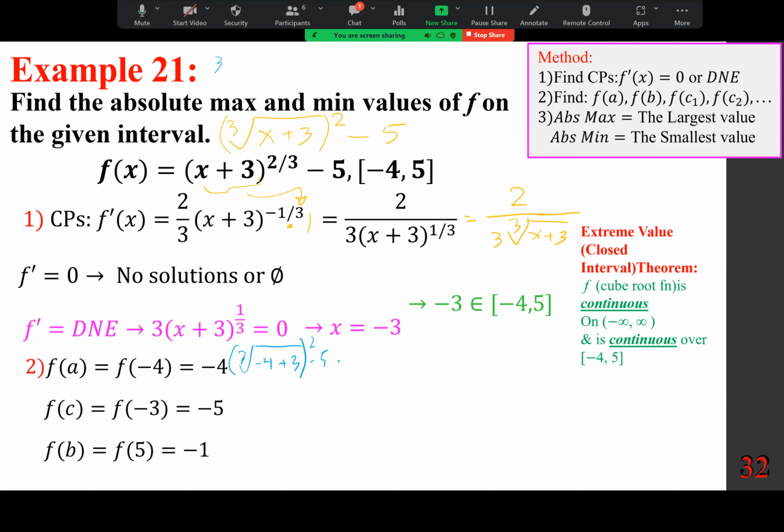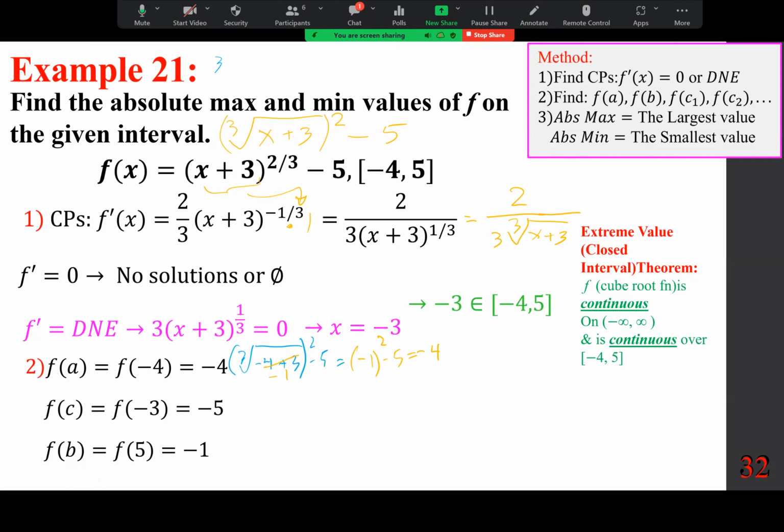So I hope you see that this is cube root of negative 1, which is negative 1. Square it becomes positive 1, minus 5 becomes negative 4. So that's how you arrive at that.